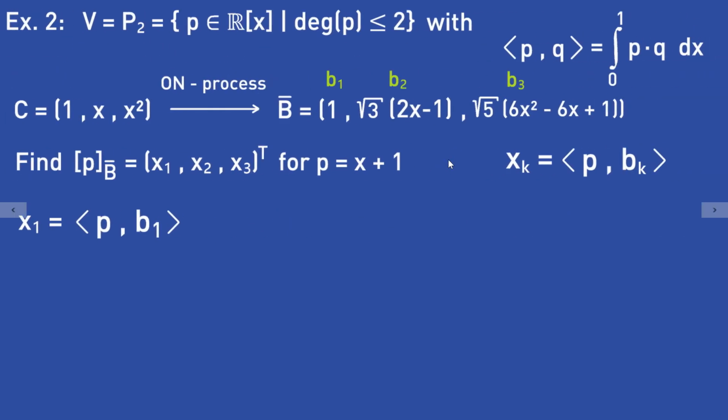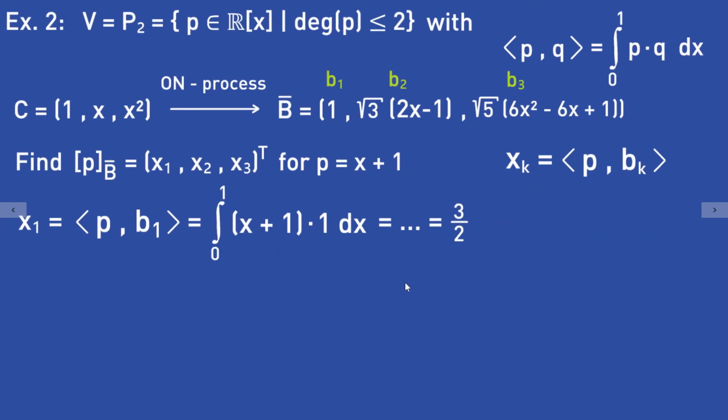So x1 is equal to the scalar product of P with B1, and this is equal to the integral from 0 to 1 of x plus 1 times 1 dx. So this here x plus 1 is P, and that here 1 is B1.